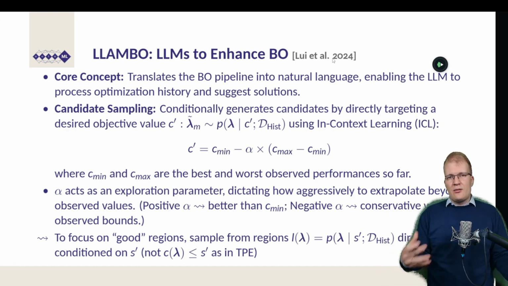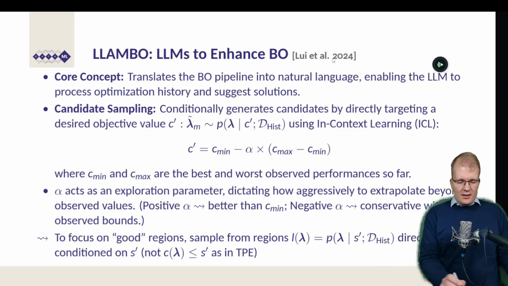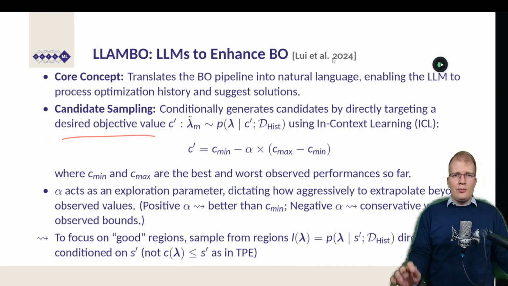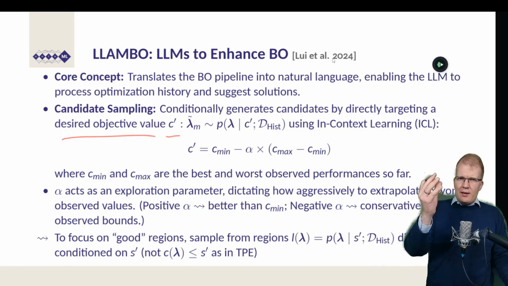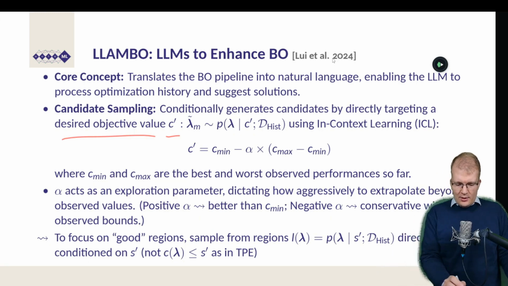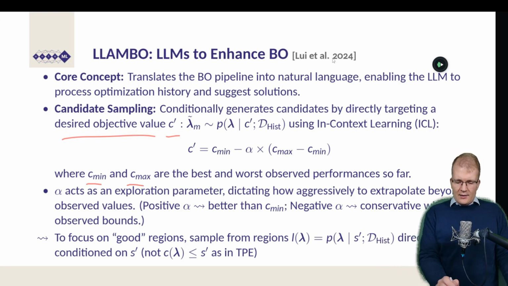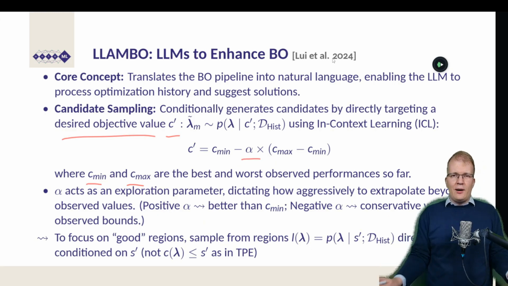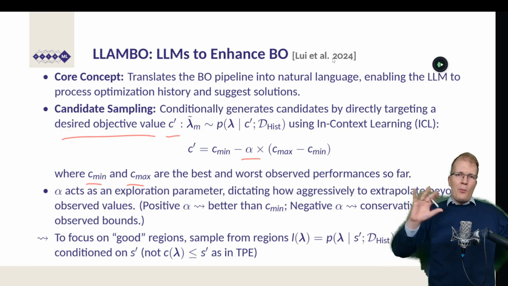So candidate configurations, for example. We're saying we would like to target a desired objective value, which is called C prime. And we would like to have that as concrete as possible. And C prime is defined by the C min and C max, the maximum and minimum we have seen so far, and there is also an alpha value in addition, saying how much better we would like to get.